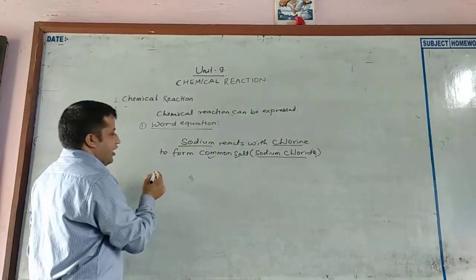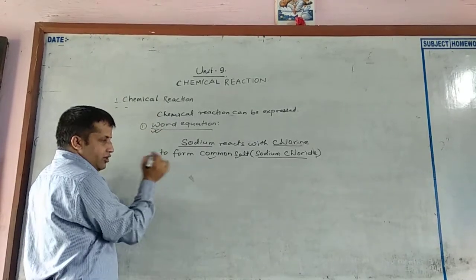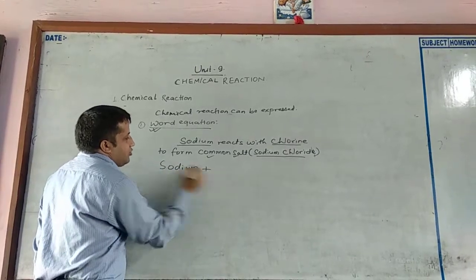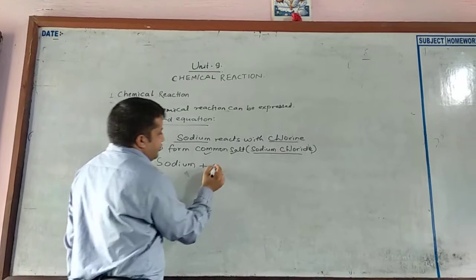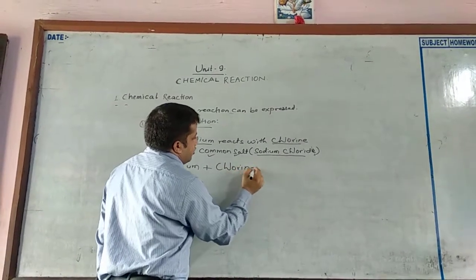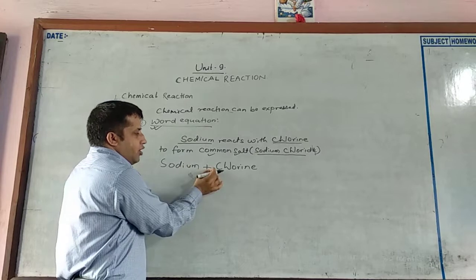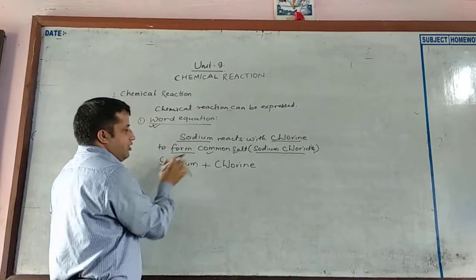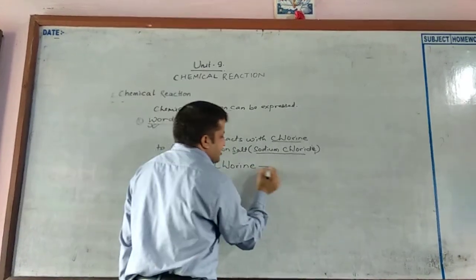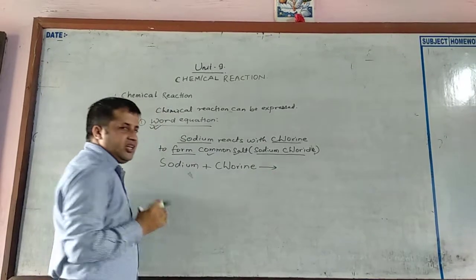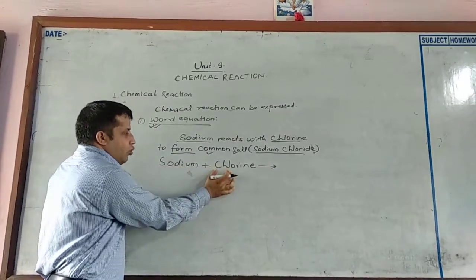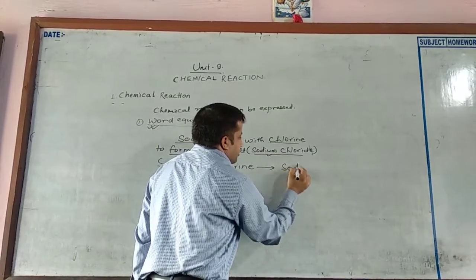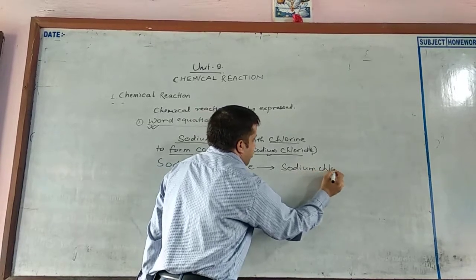I will express this in words this way: sodium plus chlorine gives sodium chloride. The plus sign is used here, and form can be said as gives. This indicates that when sodium and chlorine react with each other, they form sodium chloride.